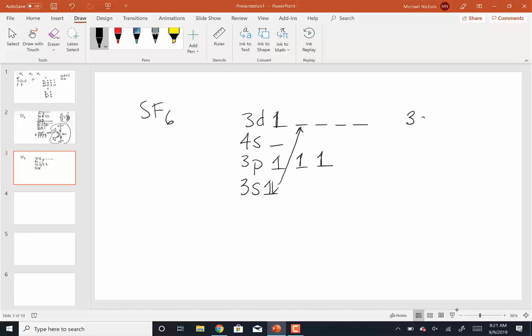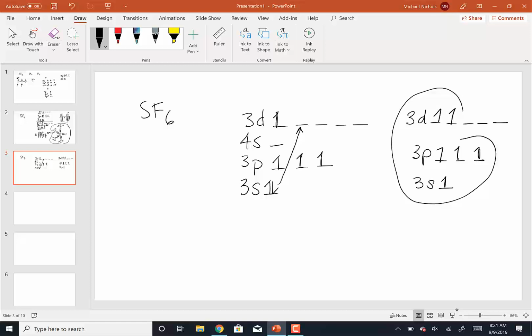And now what am I going to end up with? If I eliminate the 4s, now I'm going to end up with 2 unpaired Ds, 3 unpaired Ps, 1 unpaired S. And so now I can go ahead and mix all of those orbitals together.